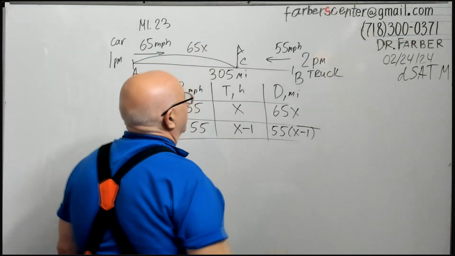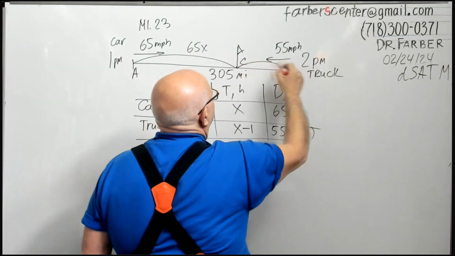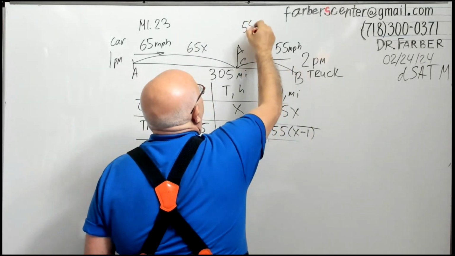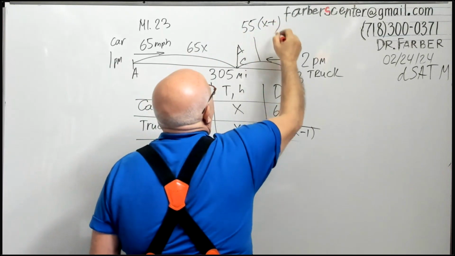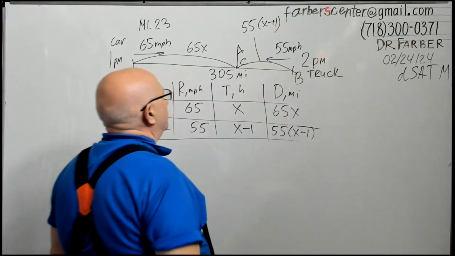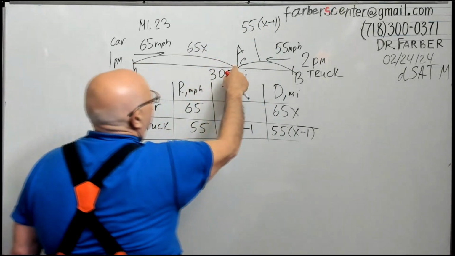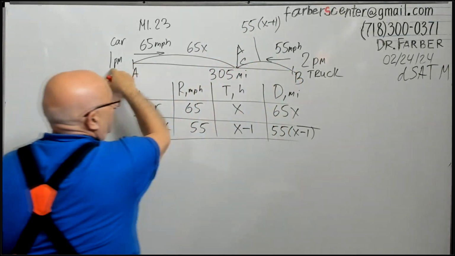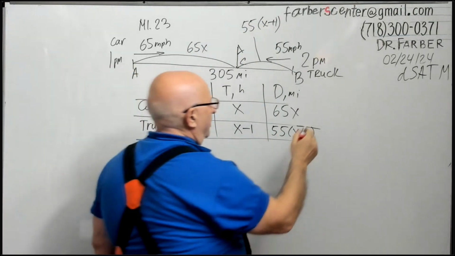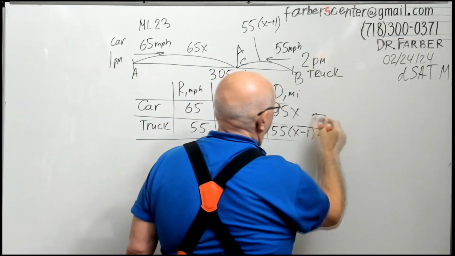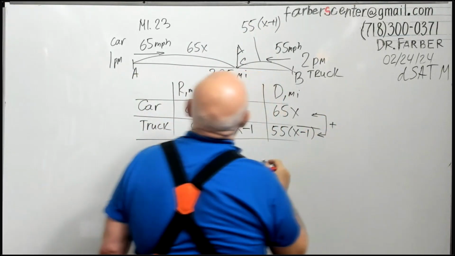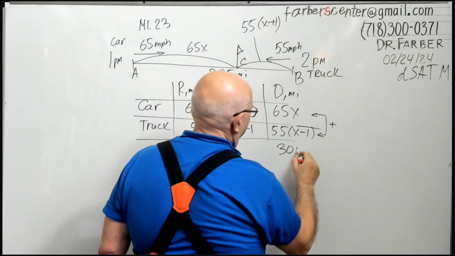What is 55 times x minus 1? This is this segment. Using the addition postulate, you easily see this segment plus this segment gives this segment. So if you add them up, you will get 305 miles.